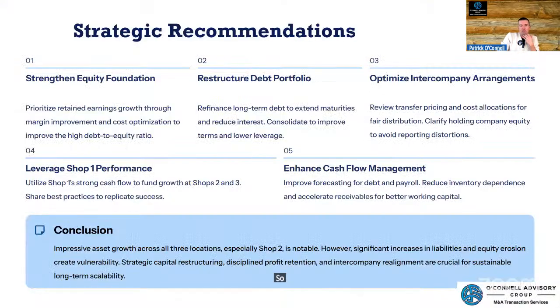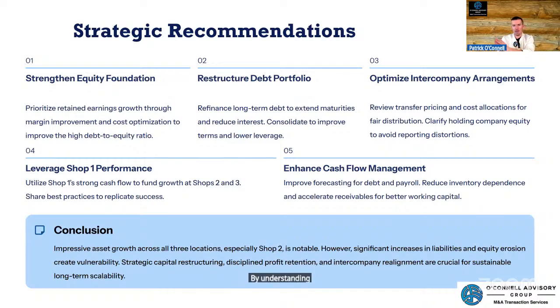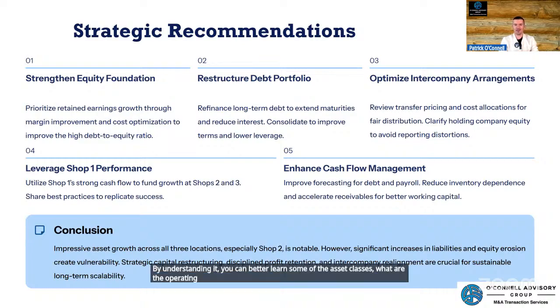So, in conclusion, the balance sheet has a lot of great fundamentals. It can assess the accounts receivable. By understanding it, you can better learn some of the asset classes. What do the operating activities look like from an accounts receivable and accounts payable standpoint?